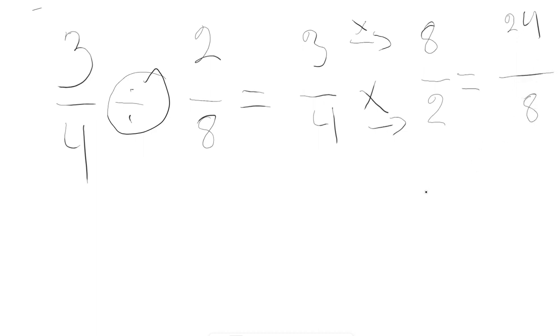There are 3 8s in 24, so your answer is 3. And 3 is also equal to 3 over 1. So if you would have divided the top by 8 and divided the bottom by 8, you would have gotten 3 over 1, which is equivalent to 3.